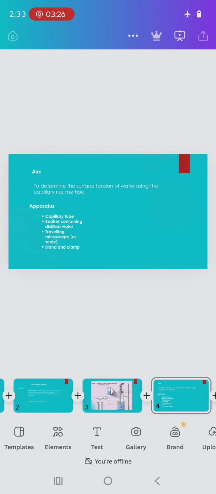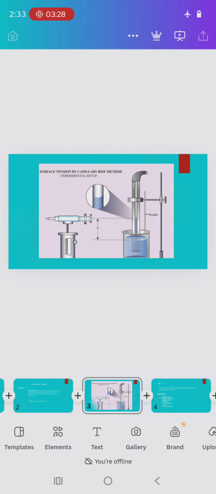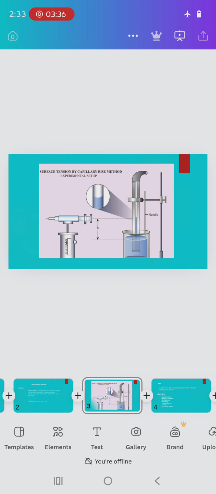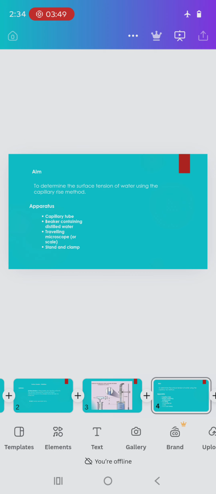The apparatus are a capillary tube, a beaker containing distilled water, a traveling microscope, and a stand and clamp. The traveling microscope is on the left side, with the stand and clamp, the beaker with distilled water, then the capillary tube.